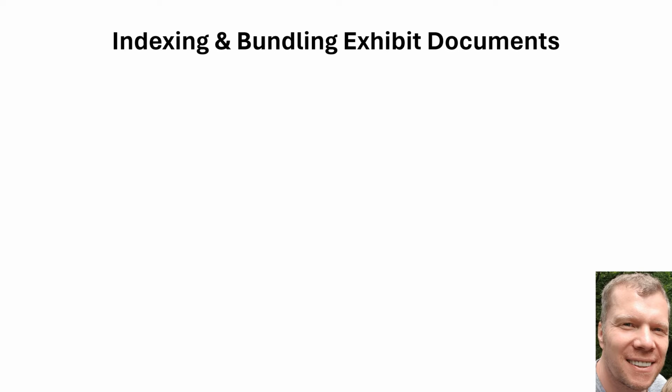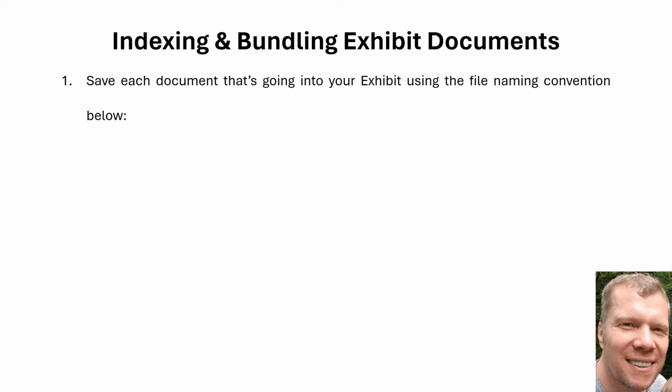So moving on to indexing and bundling the exhibit documents. First thing to remember is you can make things a lot easier for yourself by saving each document that's going into your exhibit using a file naming convention that's common.